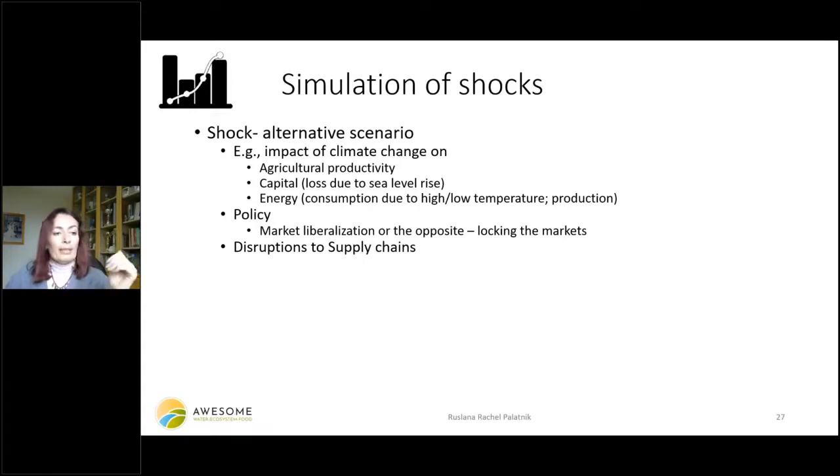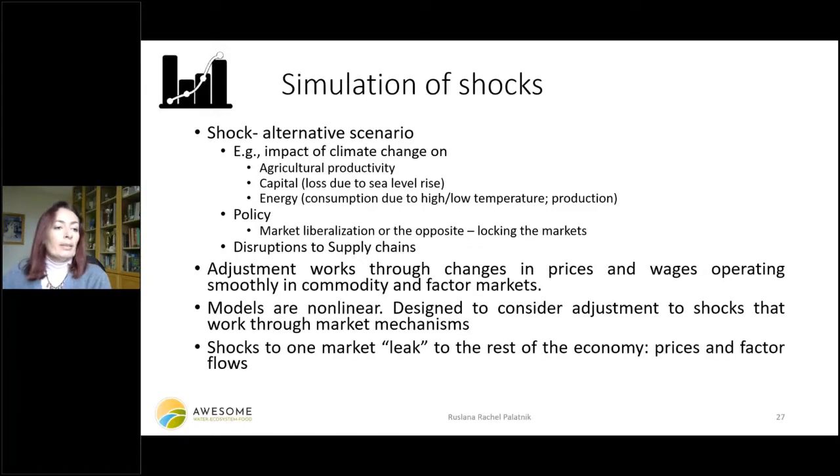Or we can simulate a policy like market liberalization, or the opposite trend that is working now, locking the markets. Or we can simulate the disruptions to supply chains that we experienced during the COVID. Okay, so adjustment to the shocks works through changes in prices and wages, operating smoothly in commodity and factor markets.